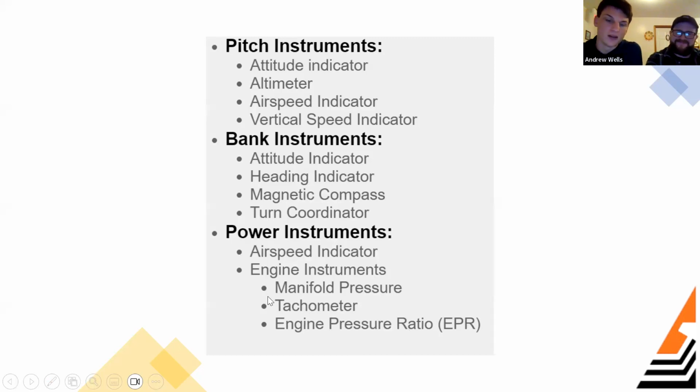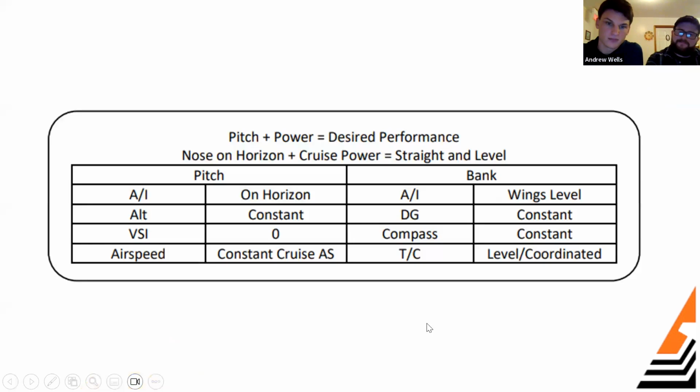But if you fly more higher performance or more complicated aircraft, they're going to have manifold pressure or EPRs. So here's just another chart. I won't go over this too much, but as you can see, attitude indicator, altimeter, airspeed, DG, your compass, and your turn coordinator. You can see in each of these charts, straight and level flight, these instruments should be indicating this.